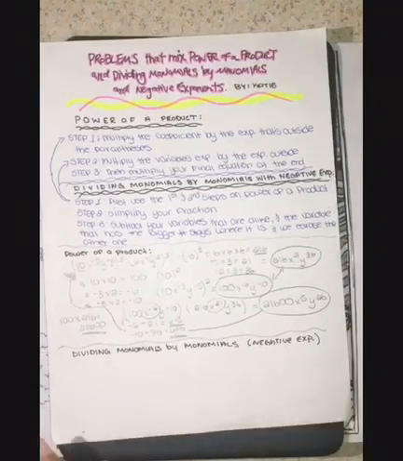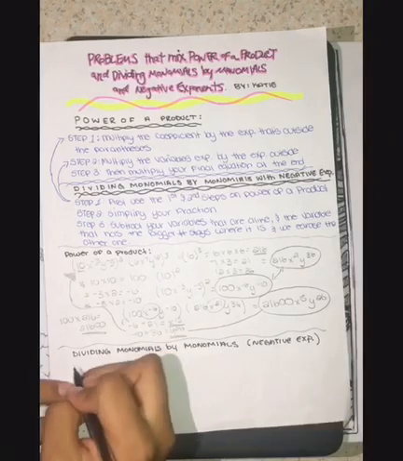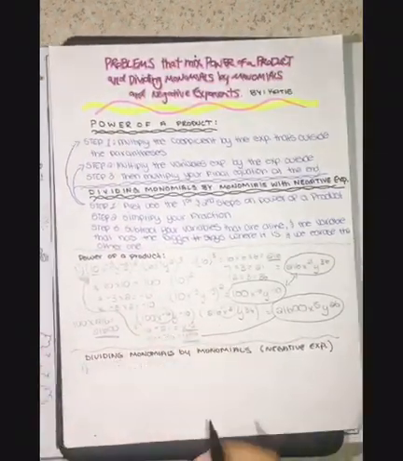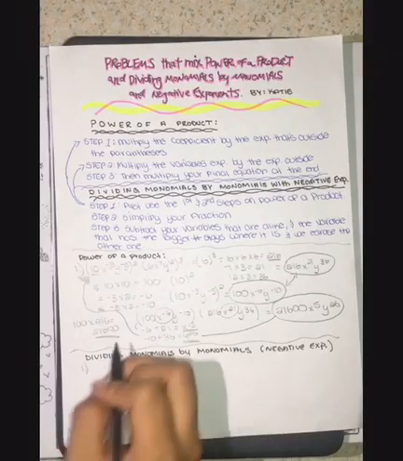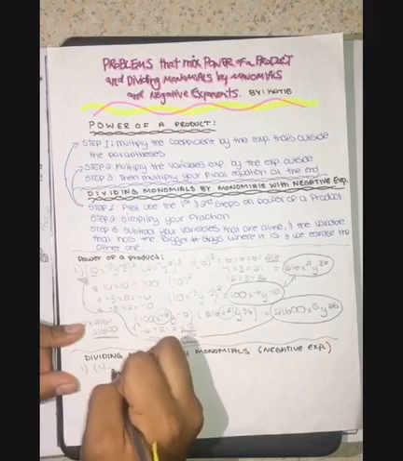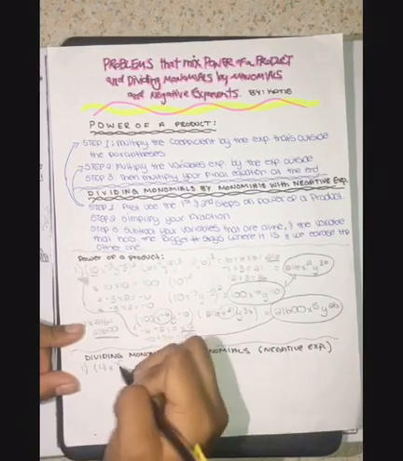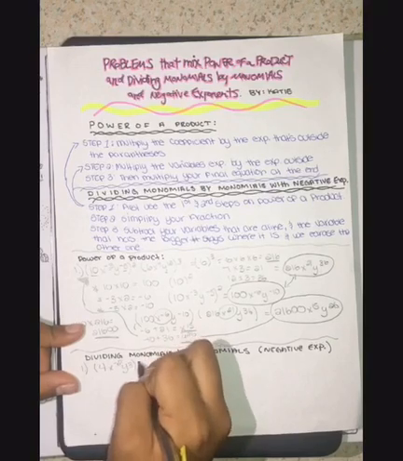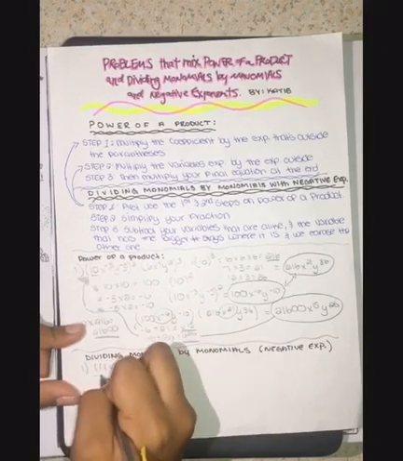With negative exponents, for this one we are going to use (4x^-2 y^3)^2.